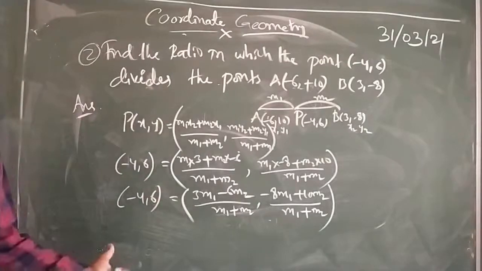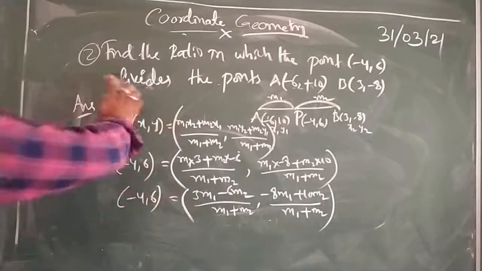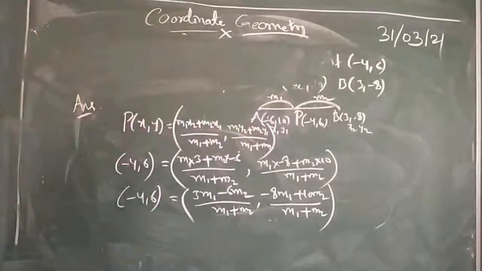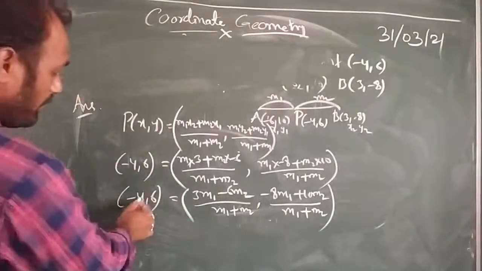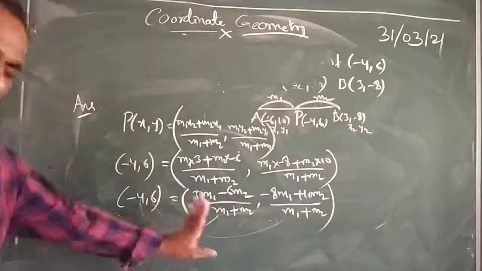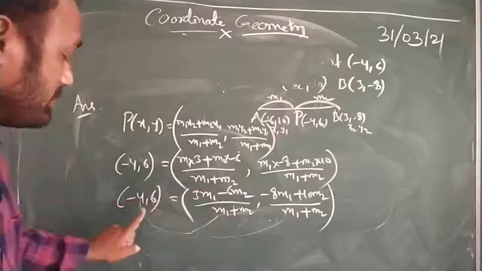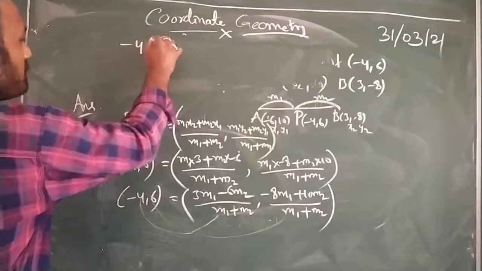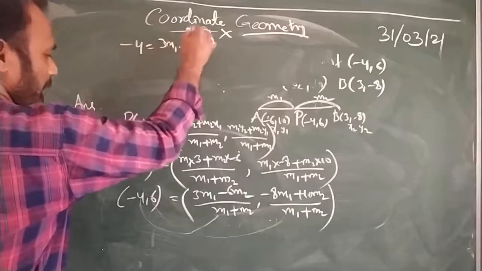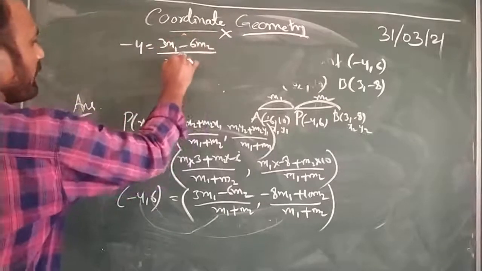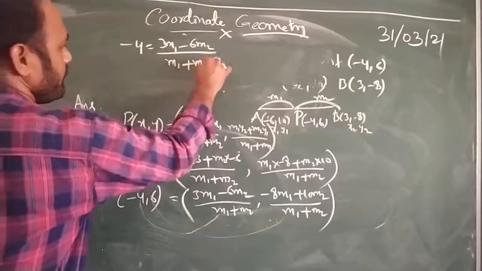Now after substituting the values we have to find the M1 and M2 values. See here how to do it. Either we can equate the x coordinate to the x value or the y coordinate to the y value. If we do any one of them, we will get the answer. So I am writing here -4 equals (3M1 minus 6M2) divided by (M1 plus M2).